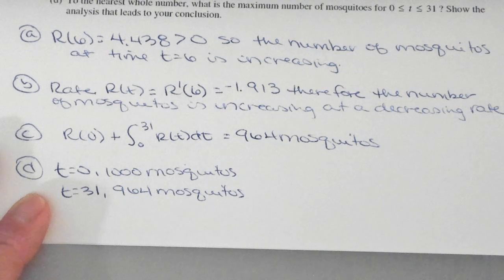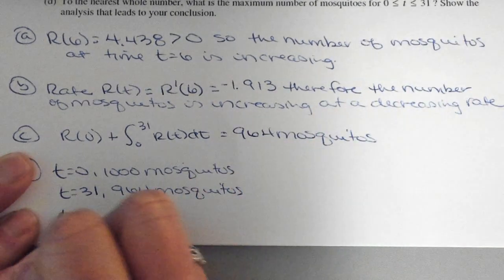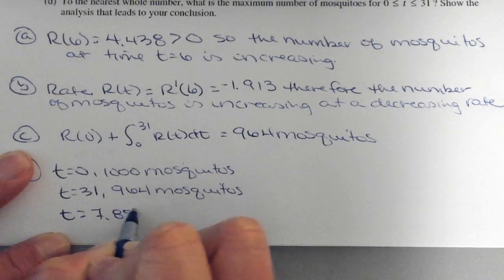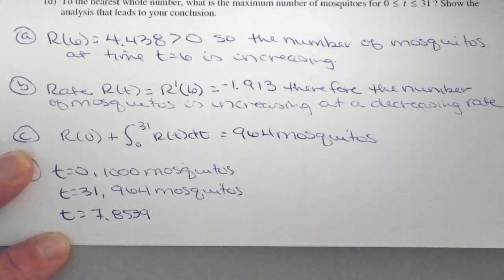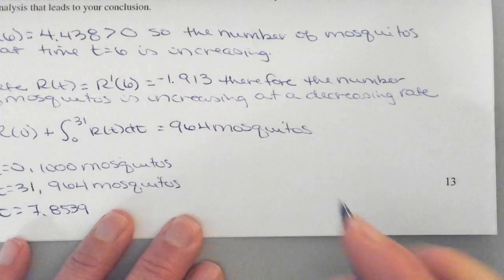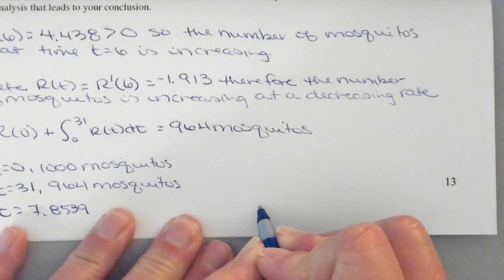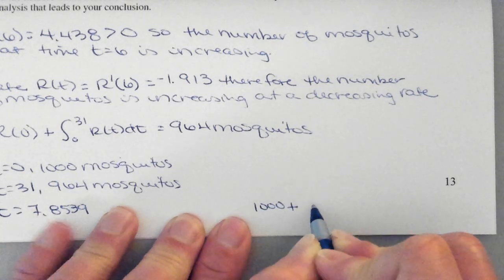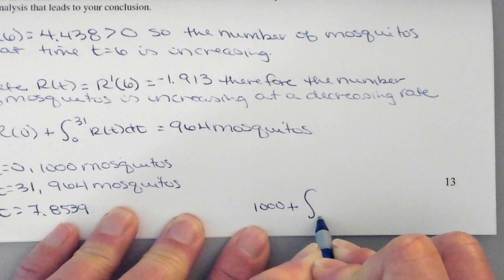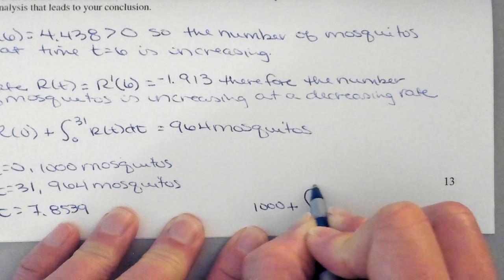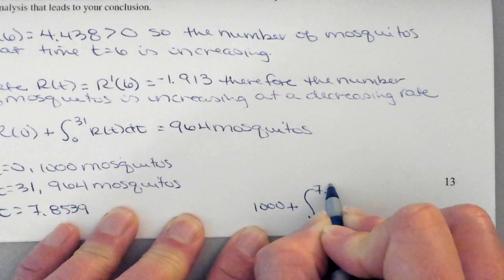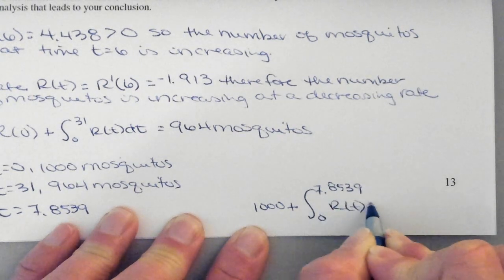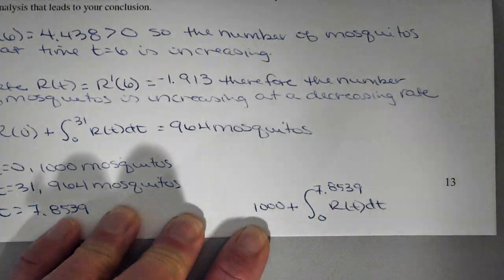Yes, the integral. Okay, so at time equals 7.8539, I need to know how many mosquitoes. Someone tell me the setup, please. R0. Yes, 1,000, R of 0 plus the integral from 0 to 7.8539 of R of t dt, which is in y sub 1.